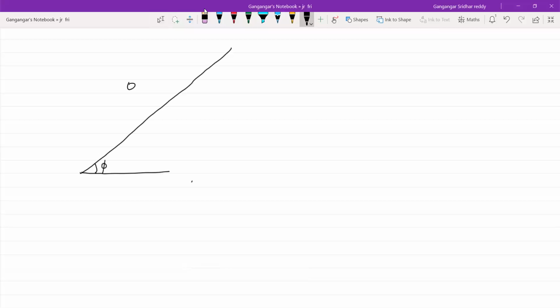Here the man will climb up. The speed, let it be 4 meters per second. Let this angle be 30 degrees. He will hold the umbrella vertically to protect himself from the rain.